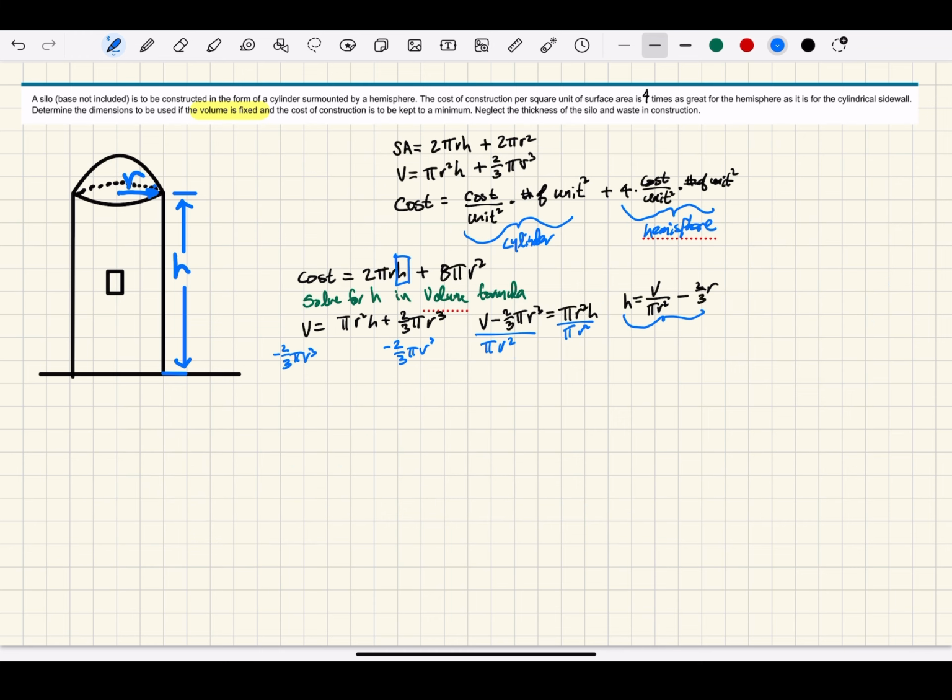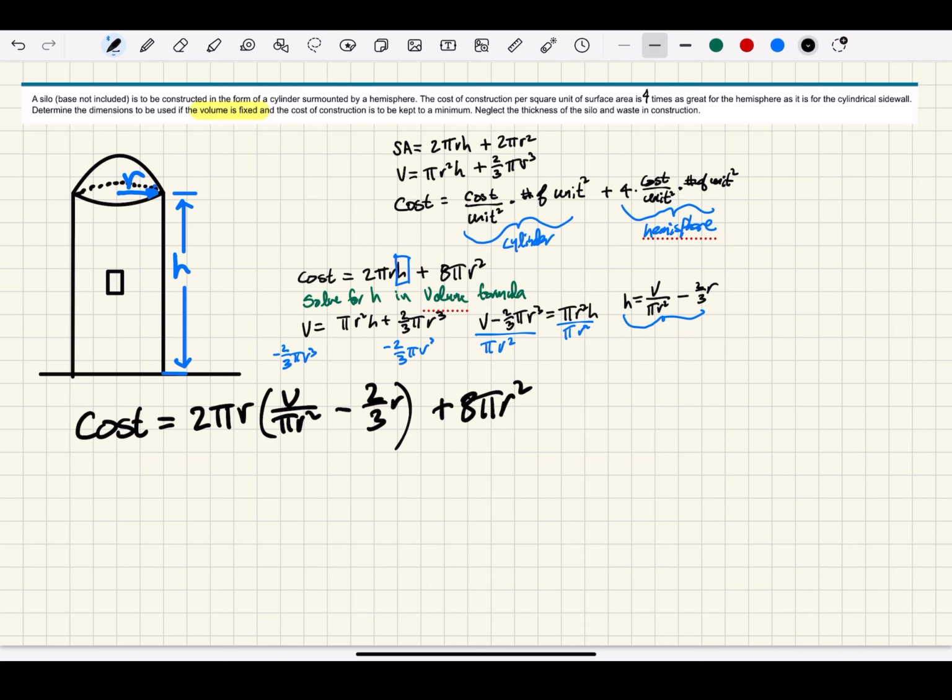We can now take that formula that we have for the height and substitute it into our cost formula. So we'll have cost equal to 2 pi r times (V over pi r squared minus 2/3 r) plus 8 pi r squared.